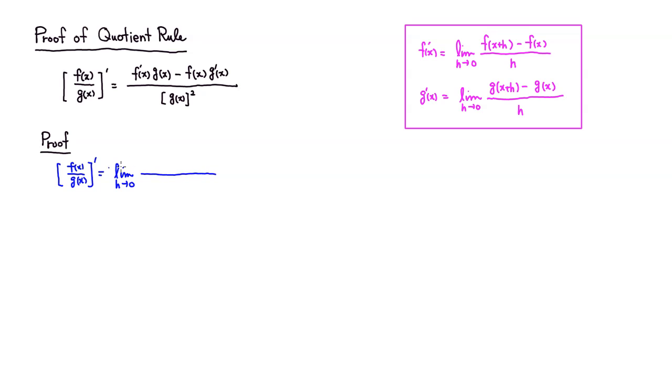Then we plug in x plus h, so it's going to be f of x plus h over g of x plus h, minus the original function, which is f of x over g of x, and all over h. So we have two fractions. We need to find the common denominator and then combine them. So you have a limit as h approaches 0.